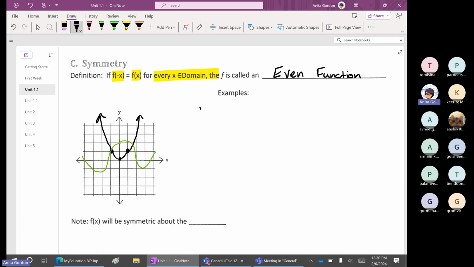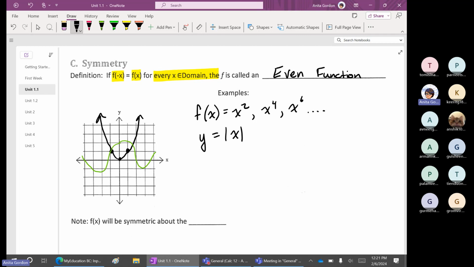So here's an example. F of x equals x squared, or x to the 4th, or x to the 6th. Do we see a pattern? Yeah, even powers. The basic functions of even-powered polynomials are going to give you a symmetric or even function. Also, y equals absolute value.